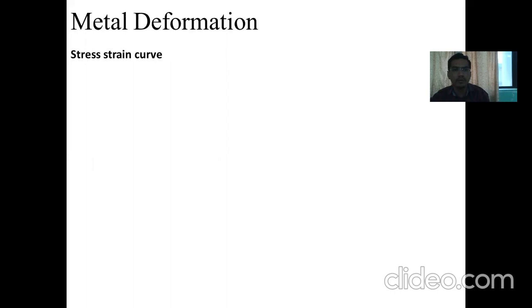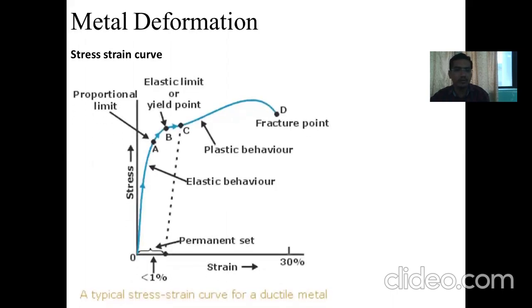Before going to elastic deformation and plastic deformation, we must know the nature of the stress strain curve. This is a typical stress strain curve for a ductile material, which shows both types of deformation for the metal, elastic deformation and plastic deformation.